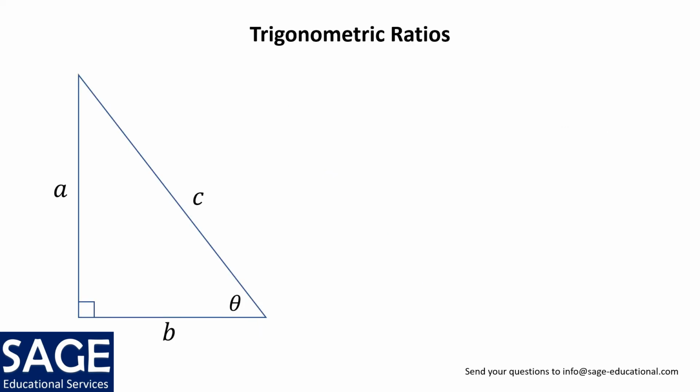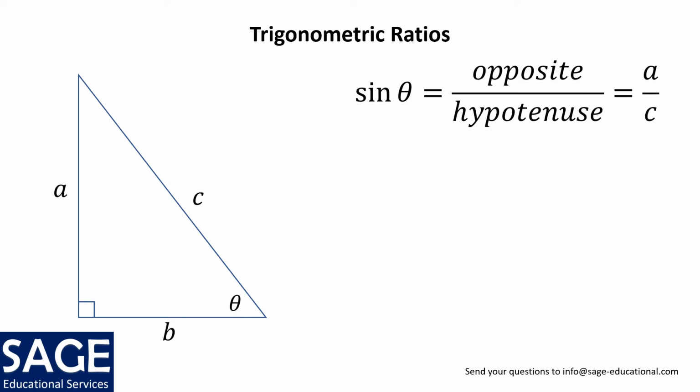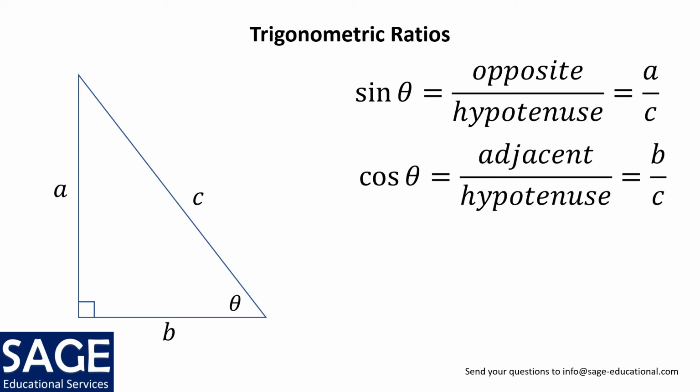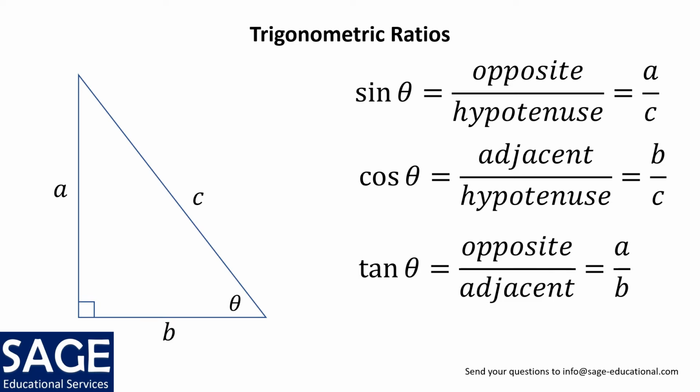In this triangle, we will define a ratio, sine of theta, as the ratio between opposite and hypotenuse, or in other words, sine of theta equals a over c. Cosine of theta is defined as adjacent over hypotenuse, or b over c, and tangent of theta is defined as opposite over adjacent, which is a over b.